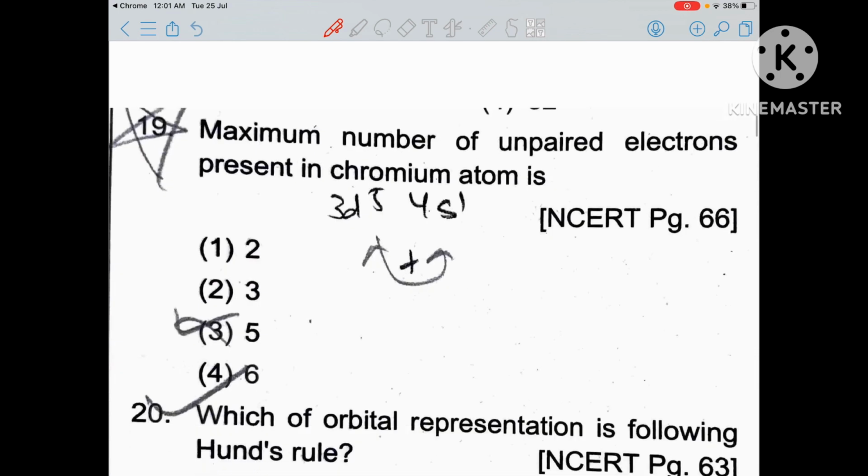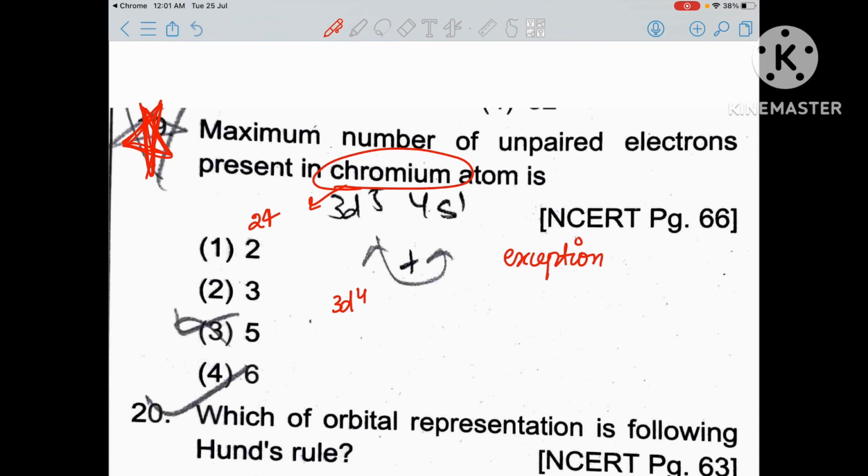Moving on. Maximum number of unpaired electrons present in a chromium atom. This is a very important question. I have told you in exceptions, chemistry is always filled with exceptions. You have to remember it. Chromium atomic number is 24. I have told you this configuration is not 3d4 4s2.